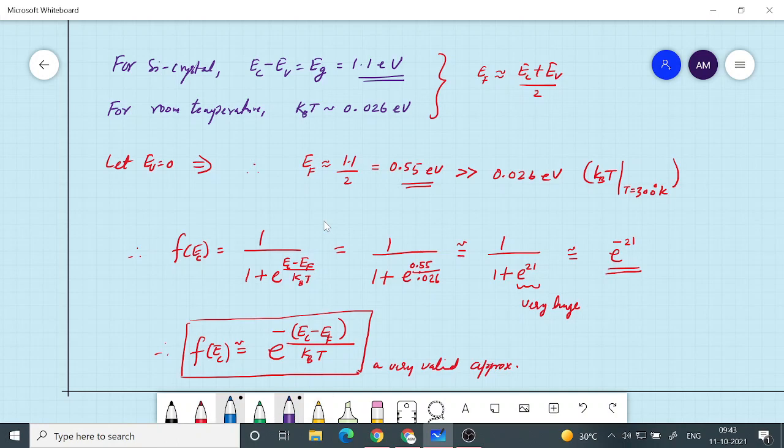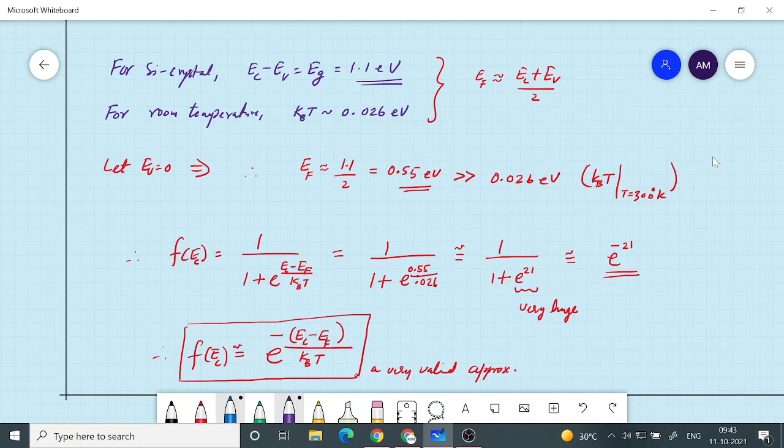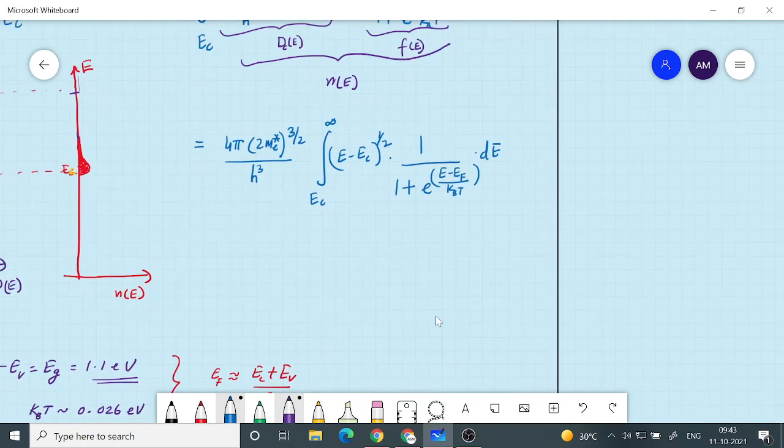Okay, so now let's go back to the integral, and we are going to put this approximation here.